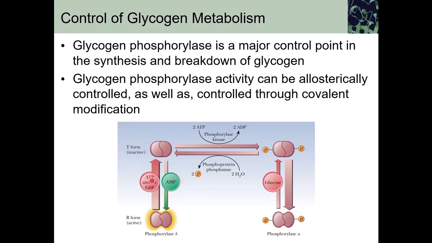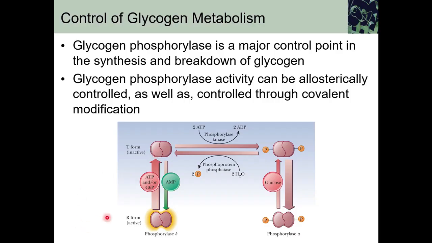Because adenosine triphosphate, which corresponds to a charged state of the cell, will bind to the active form of phosphorylase B and convert it into an inactive form. Again, that makes sense because you do not have need for any glucose, and therefore you do not need to release glucose from glycogen, right?